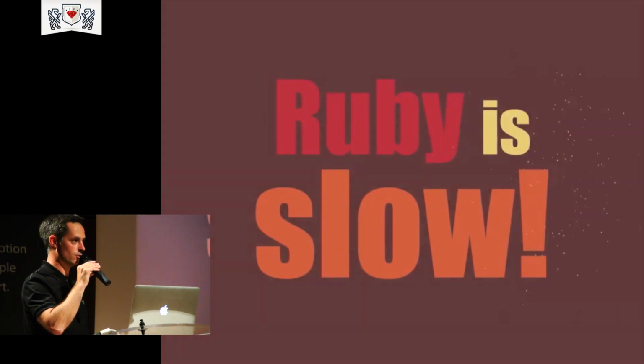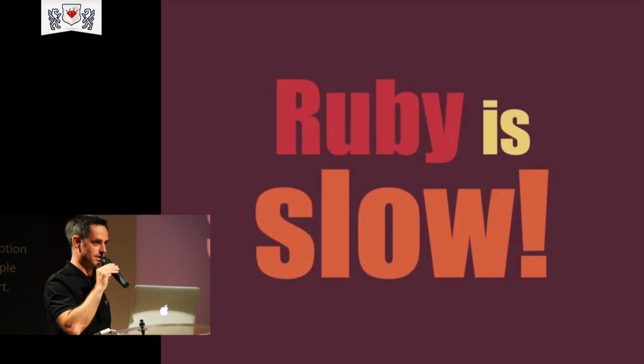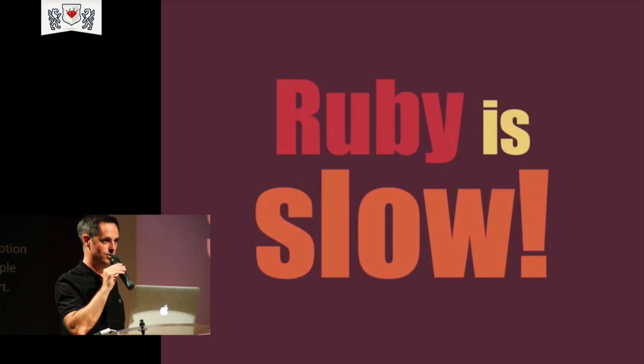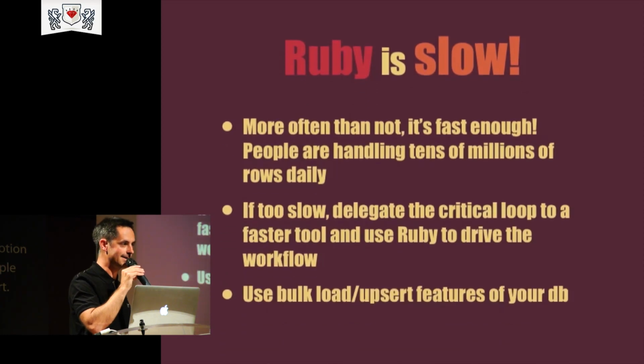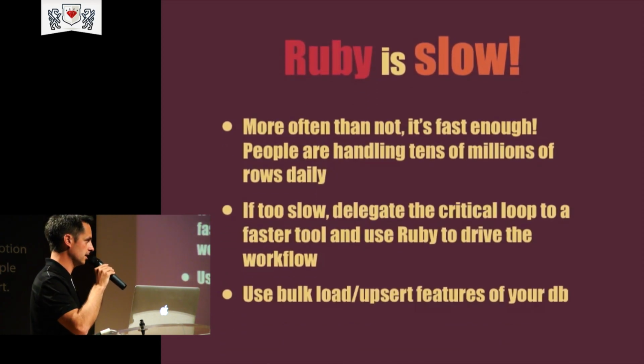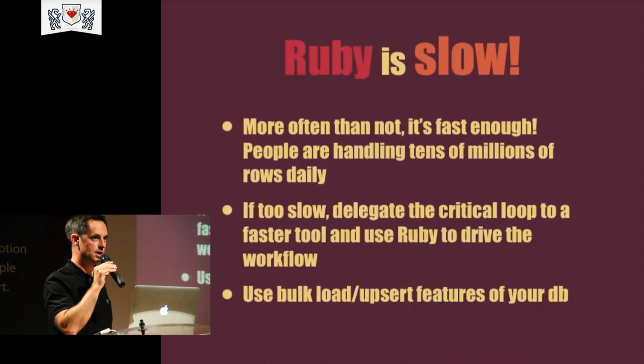And Ruby is really slow. It's much slower than for web apps, like a ton slower. Ruby is not planned for data processing. It's really a flexible language. But I can tell you that more often than not, it's not really an issue.